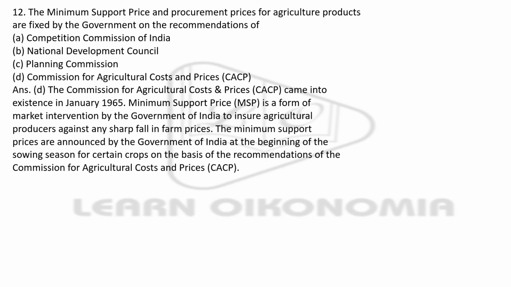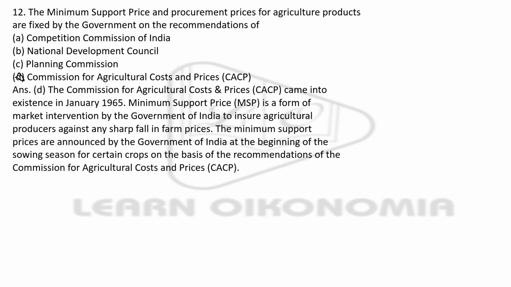Now, the minimum support price, procurement price of agriculture products are fixed by the government on the recommendation of dash. Competition Commission, National Development Council, Planning Commission, Commission for Agriculture Cost and Prices. The right answer is Commission for Agriculture Cost and Prices, a body which came into being in January 1965.